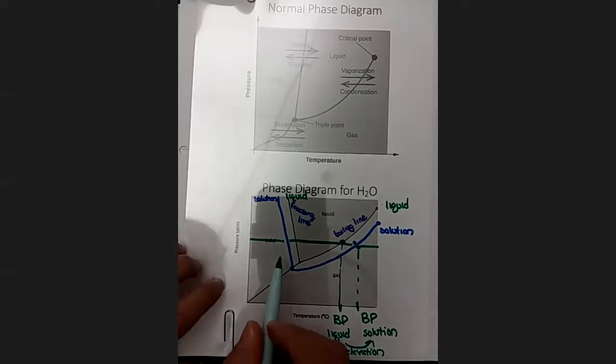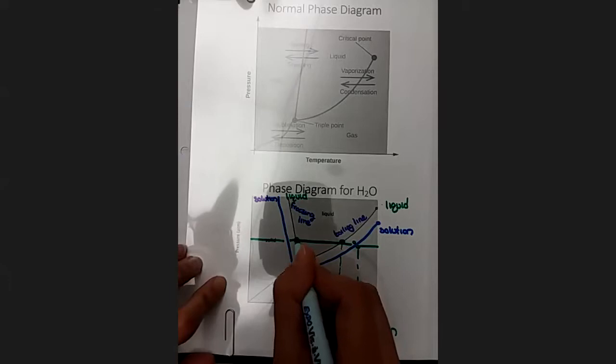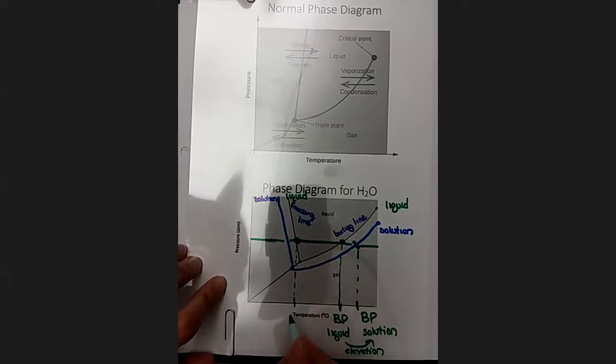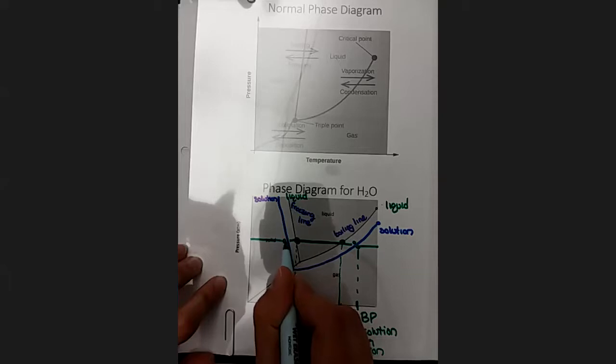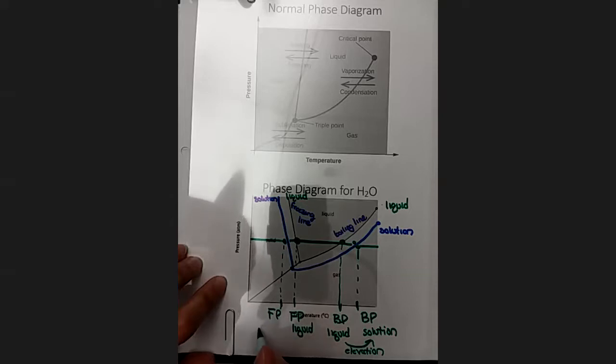Now let's look at our freezing point. So this isobar intersects with the pure liquid line right here. So there's our freezing point for the liquid, and it intersects with the freezing line for the solution right there. Freezing point, solution. And we can see that, yes, in fact, from the liquid to the solution, the freezing point goes down.